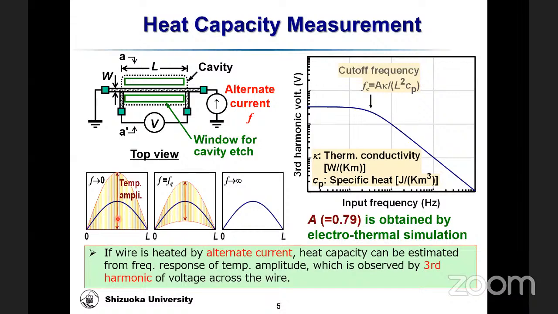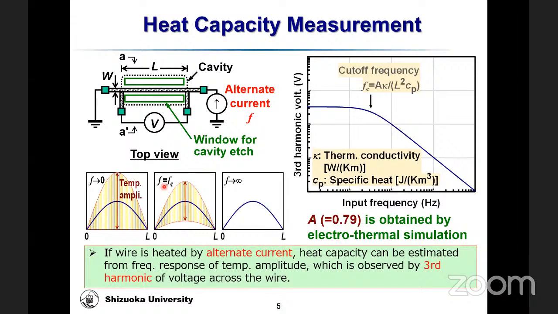But if the frequency becomes higher, the temperature amplitude becomes smaller because the thermal response, determined by the thermal resistance and thermal capacitance, is rather limited.